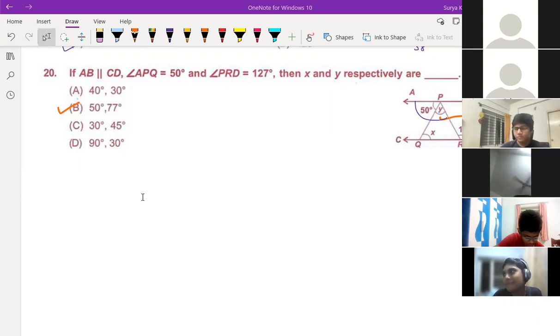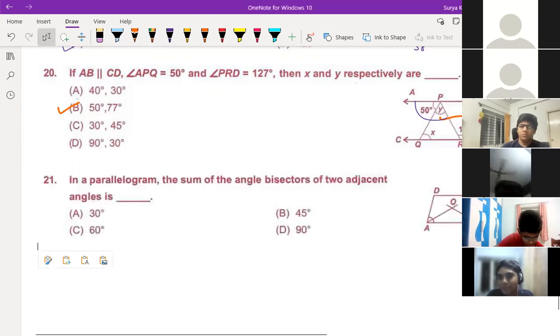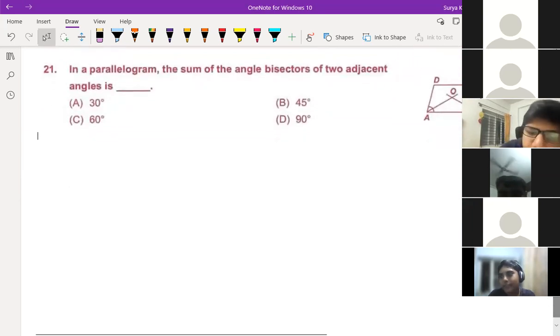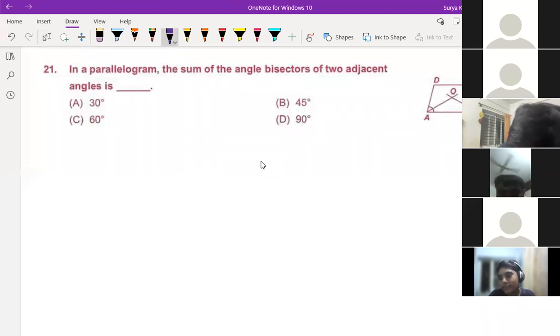See, the 21st question is: in a parallelogram, the sum of the angle bisectors of two adjacent angles is. In a parallelogram, this is a very easy question. If you know the property of parallelogram, you can do it easily.